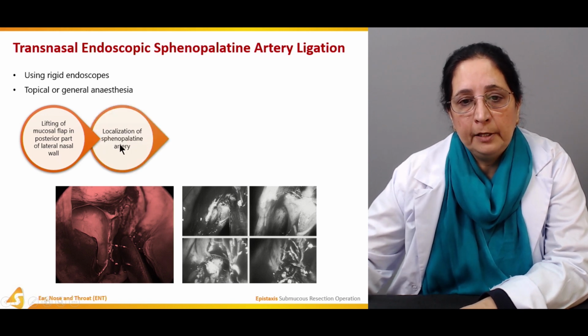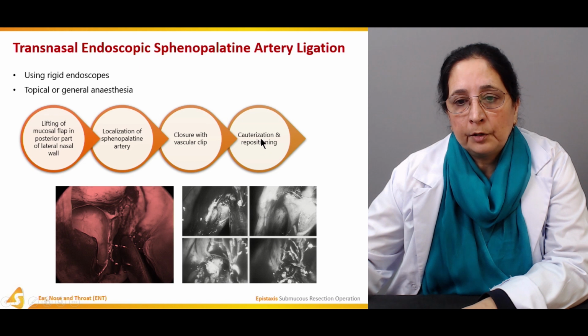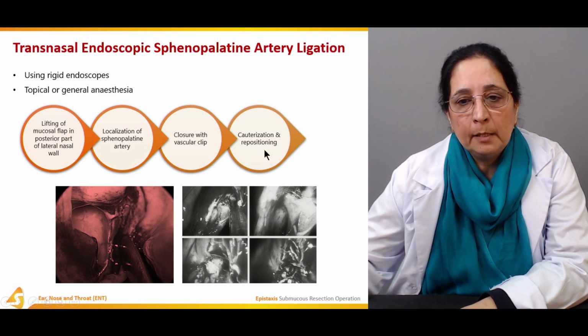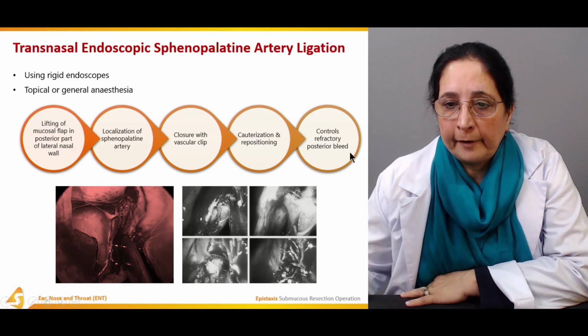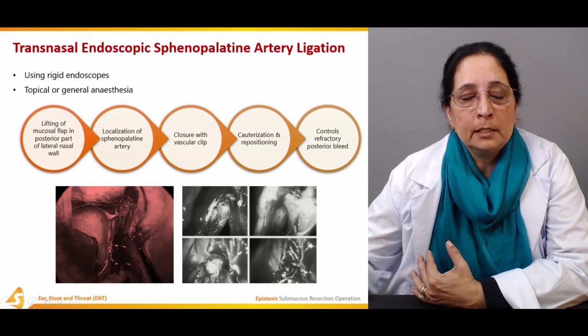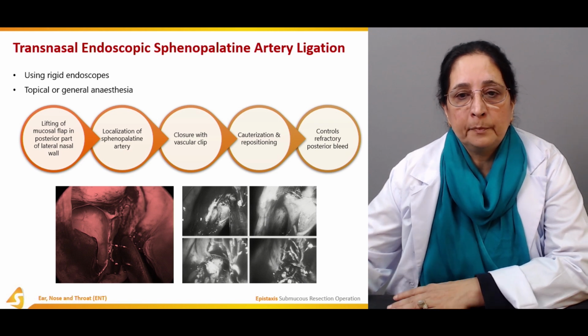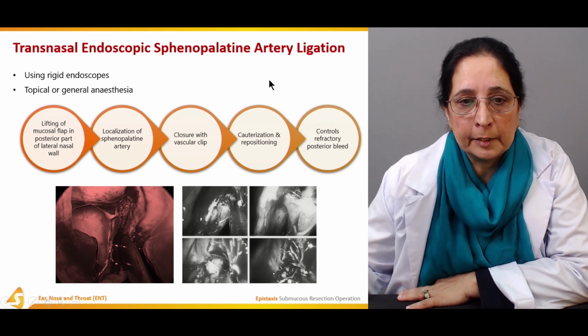Localization of sphenopalatine artery, closure with vascular clip, cauterization and repositioning, controls refractory posterior bleed. So this is the endoscopic procedure for the ligation of sphenopalatine artery.